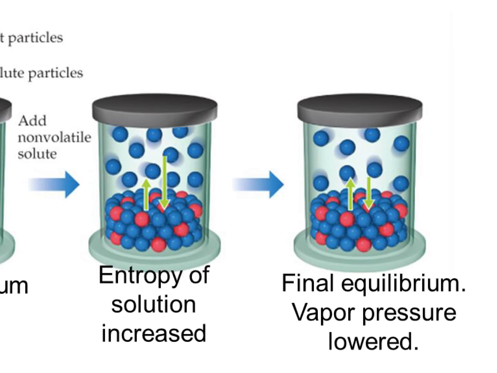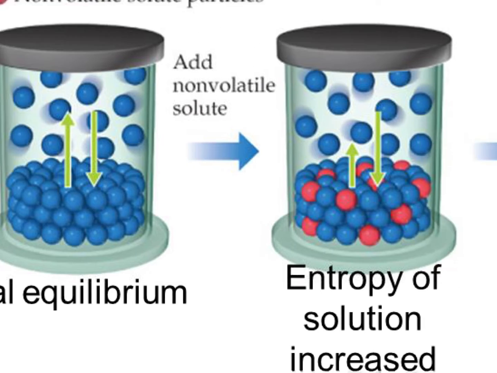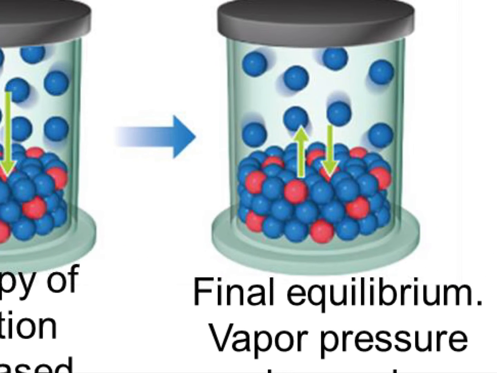If we're thinking about surface area, here's without solute, right? We've got the entire container, the entire surface. We're able to have solvent molecules at that surface, entering and exiting the solution to form equilibrium. We add some solute molecules.